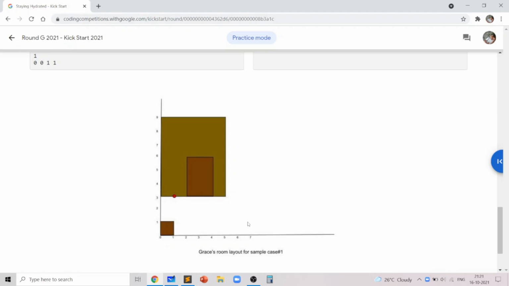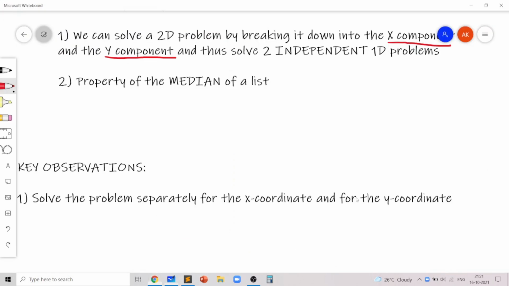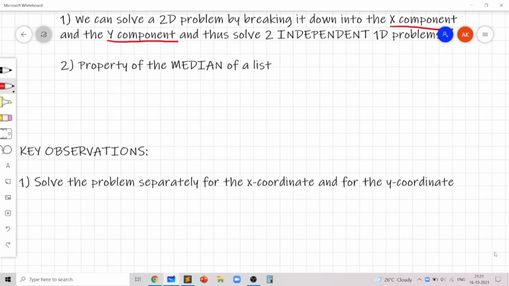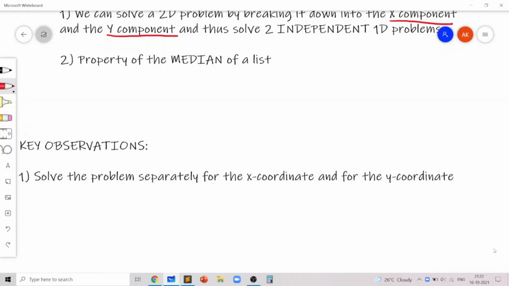So that's why the x coordinate 1 and the y coordinate 3 are the best two, and we print 1, 3. That's the reason why we can solve the problem separately for the x coordinate and the y coordinate.